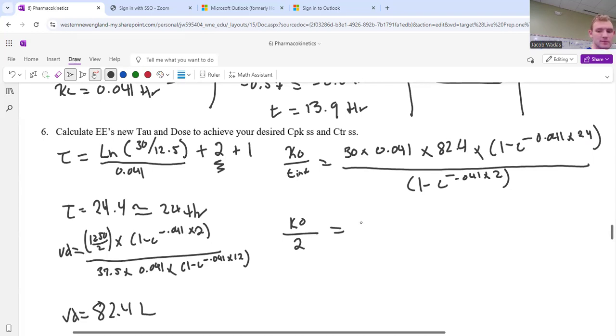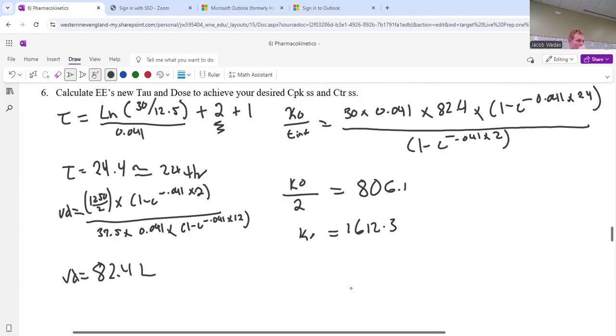I got 806.1. Since it's infused over 2 hours, you have to multiply for the dose, so KO would equal 1612.3. And then what do we have to round the vanco to? Nearest 250. So 1500.